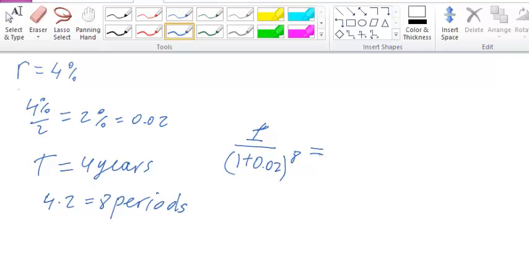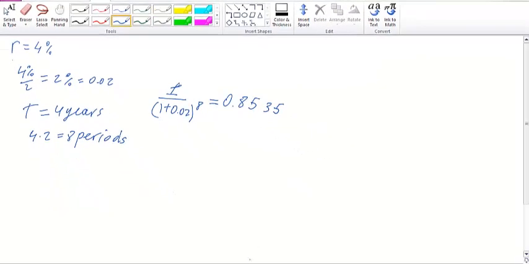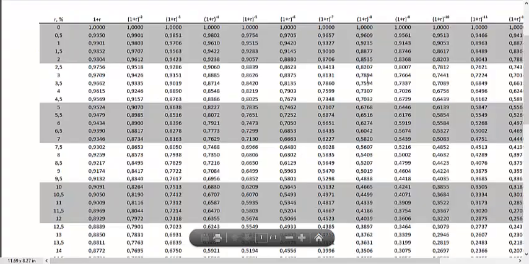So you might want to check that. Okay, so as I said, it's going to be 0.8535, and that's exactly the number that corresponds to the number here, 0.8535, and that's how you use a present value table.